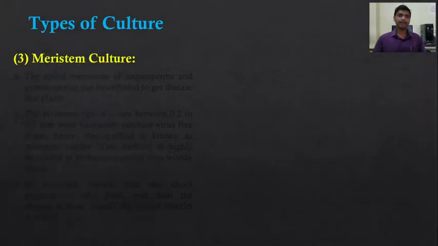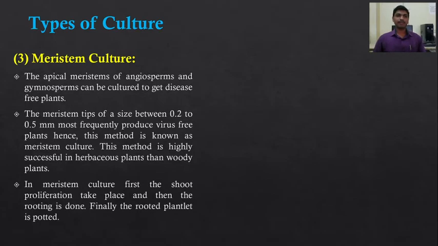Next one is the meristem culture. As you know, the meristem is a group of meristematic tissue. Here the apical meristem of angiosperm and gymnosperm can be cultured to get disease-free plants. The meristem tip of a size between 0.2 to 0.5 mm most frequently produces virus-free plants.